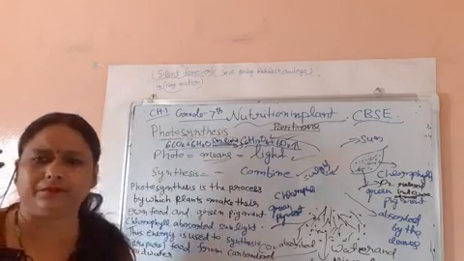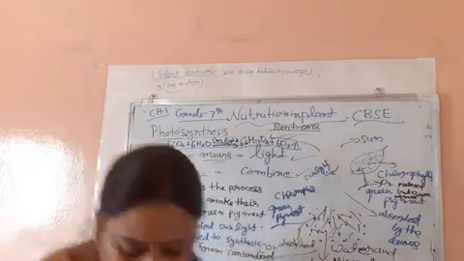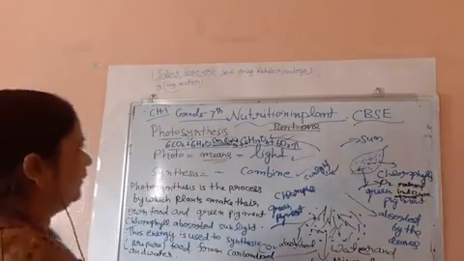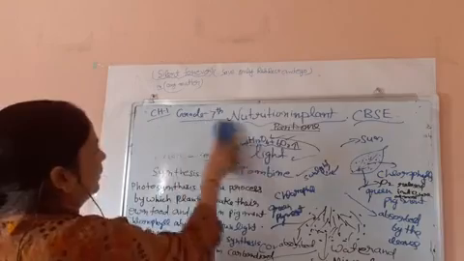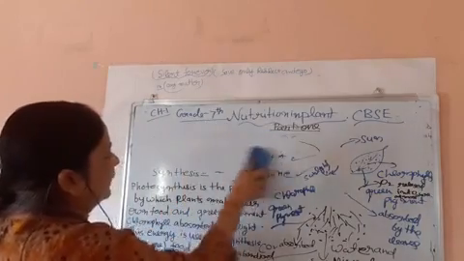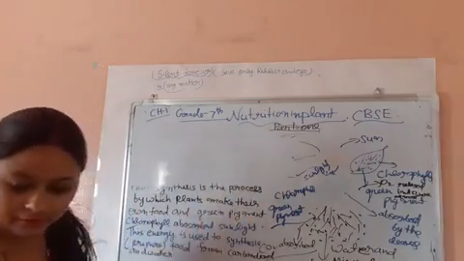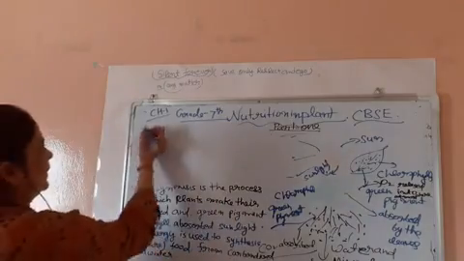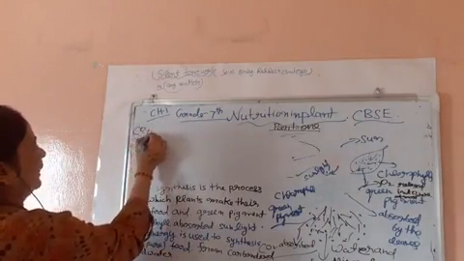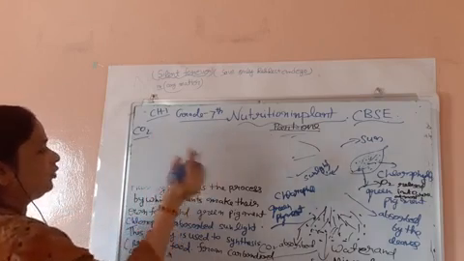So we need some factors here, and some points to note. First, carbon dioxide is needed for photosynthesis.